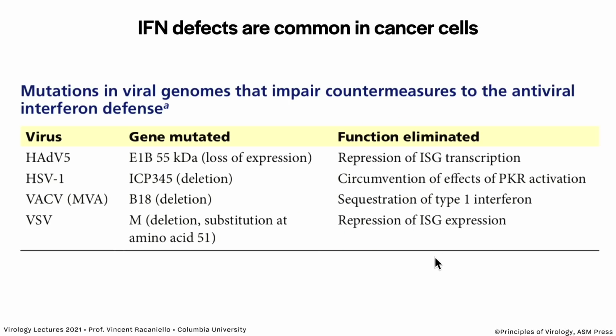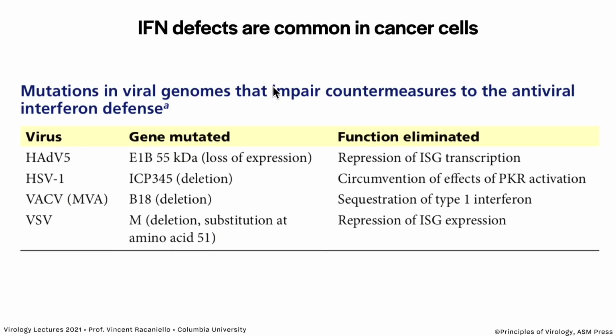The other aspect of this is that when cells get immortalized, there are a lot of epigenetic changes that occur. And over half of those changes, histone modification and so forth, affect components of interferon pathways. So if you look at the tumor genome database, the NCI maintains a database of sequences of patient tumors.